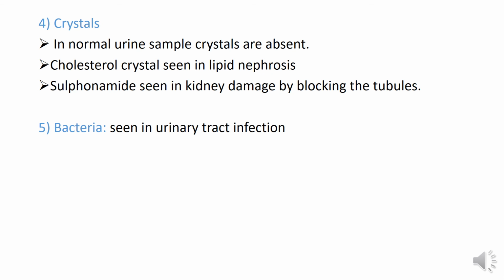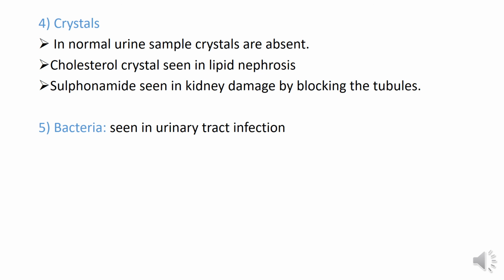Next are crystals. In a normal urine sample, crystals are absent. Cholesterol crystals are seen in lipid nephrosis, and sulfonamide crystals are seen in kidney damage by blocking the tubules. The two crystals are seen in two different conditions.